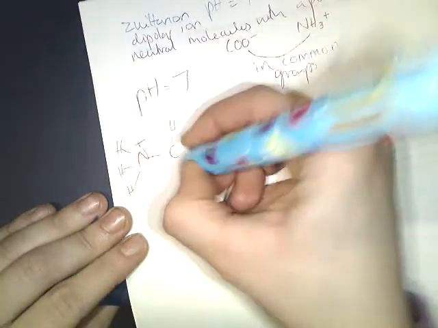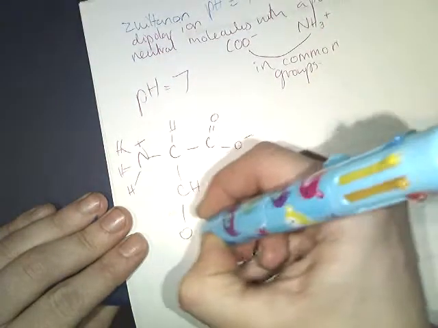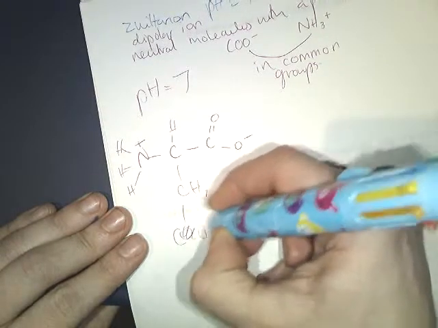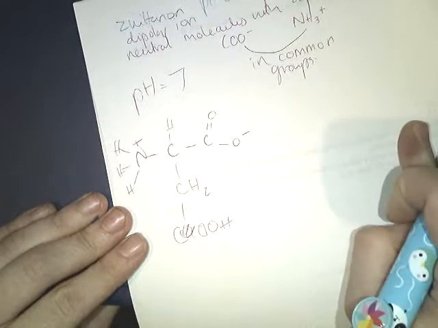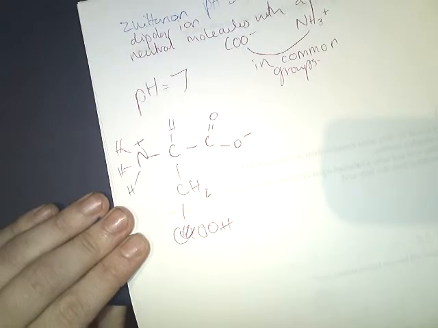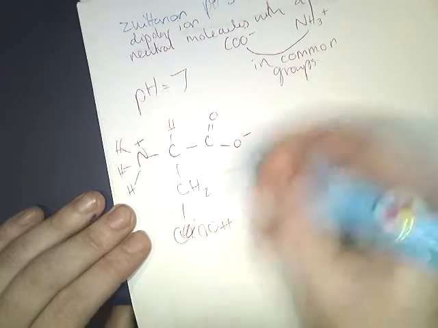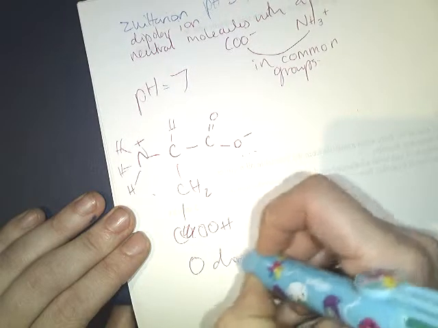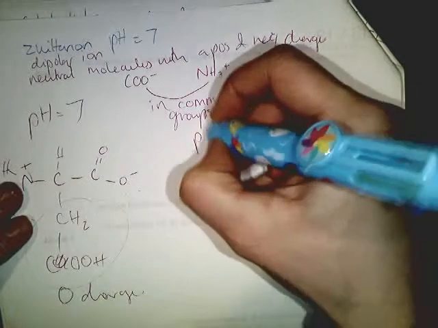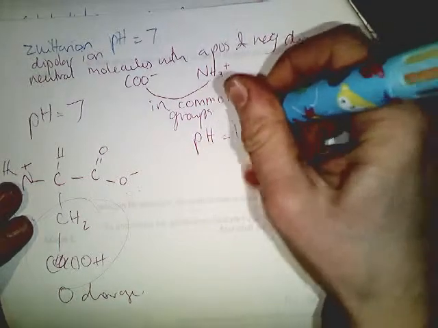Its NH2 group gains a H to become positive, and its Z group remains neutral. Okay, so that's really important, because it needs to have an overall zero charge. So it doesn't touch the Z group. It starts touching the Z group when you change the pH to extremes.